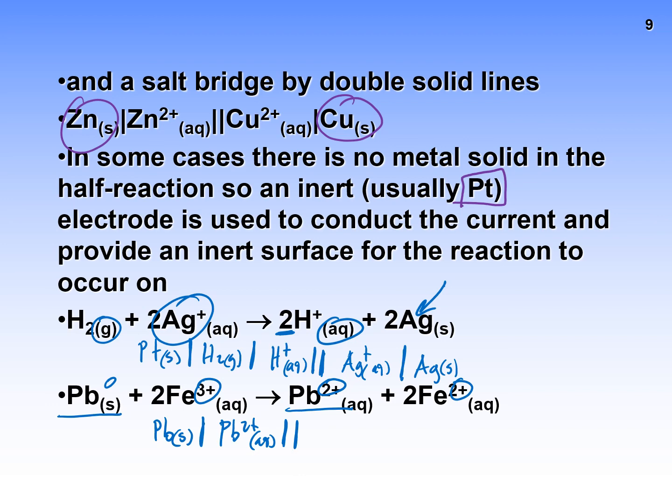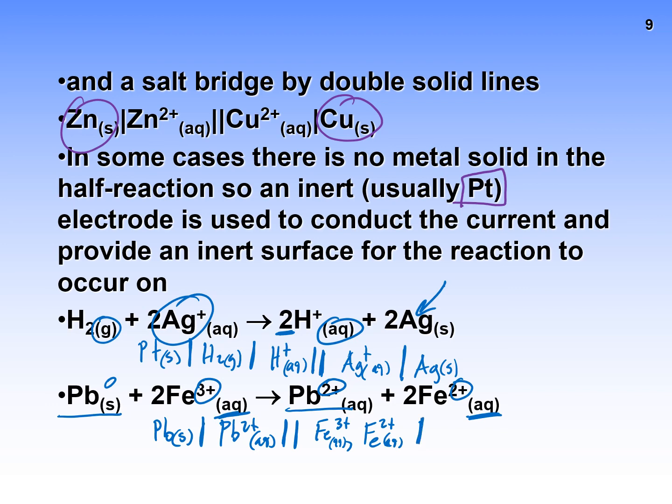Now if you look at the cathode, these are both in the same physical state and they're both aqueous. We don't have a solid here as part of this half reaction, so we are going to need to use platinum at the end here. But since they're both in the same physical state, we just list them, Fe3+ aqueous, comma, Fe2+, also aqueous.